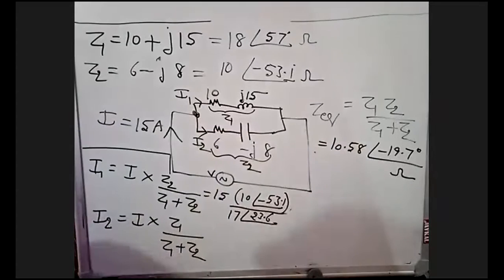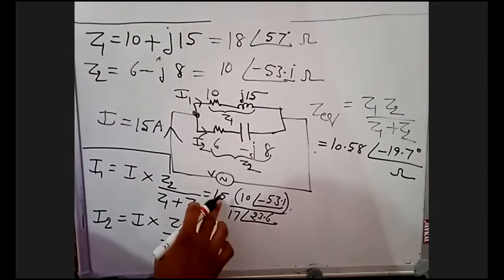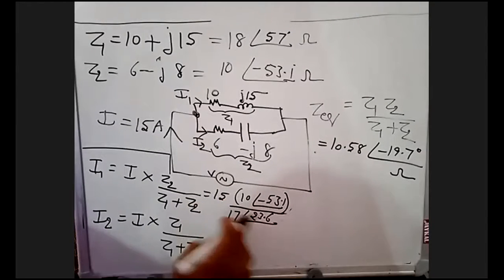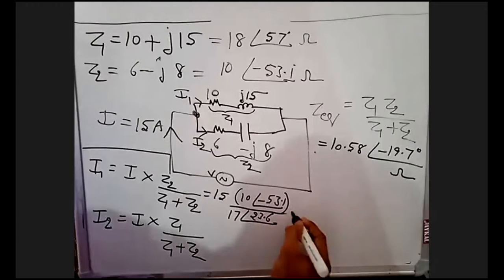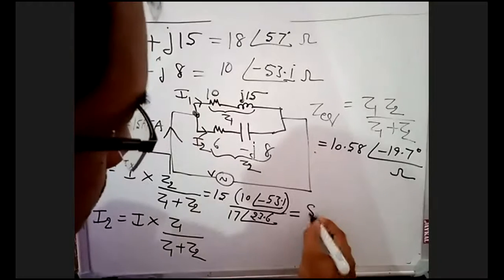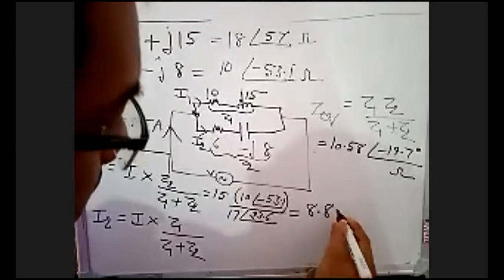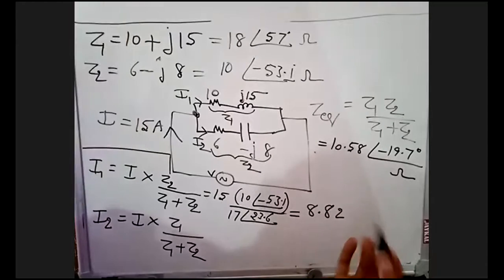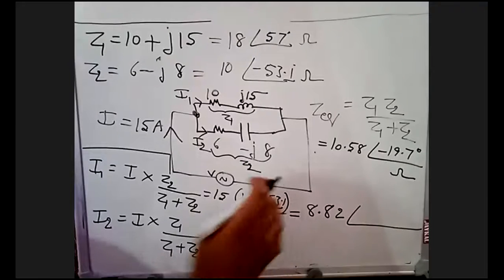This is Z1 plus Z2. Now all are in polar form. Multiply 15 into 10 divided by 17. How much? 8.82. Are you getting this? If the angle comes to the numerator, what will it become?